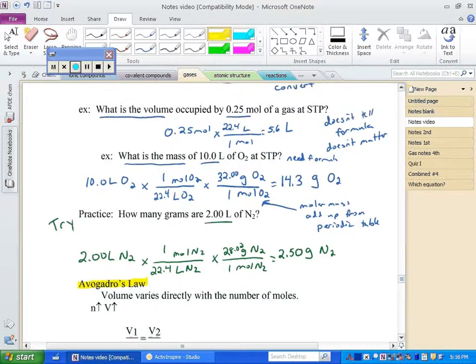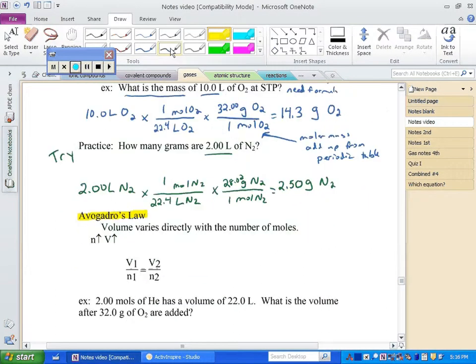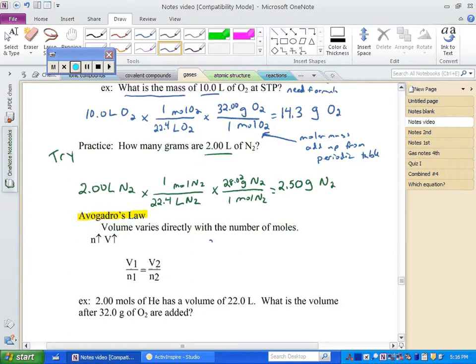Now Avogadro also has a gas law, which is also part of the ideal gas law.